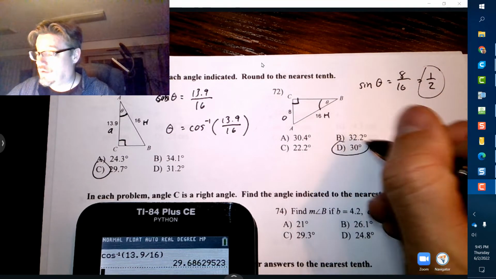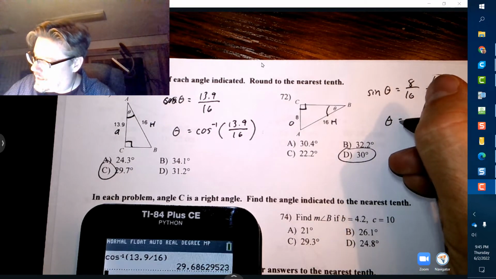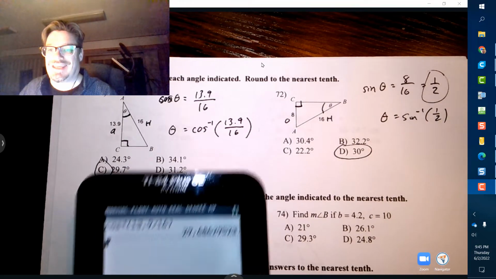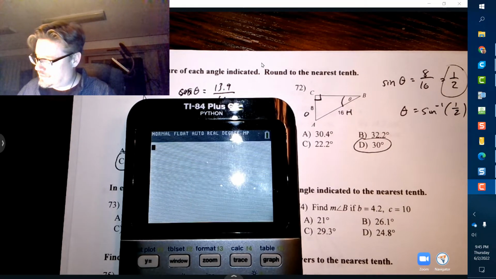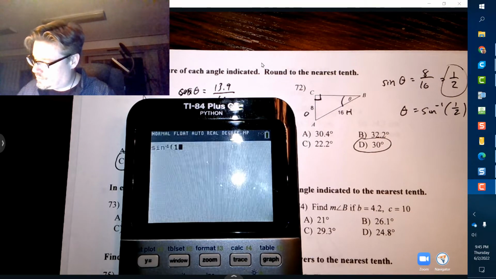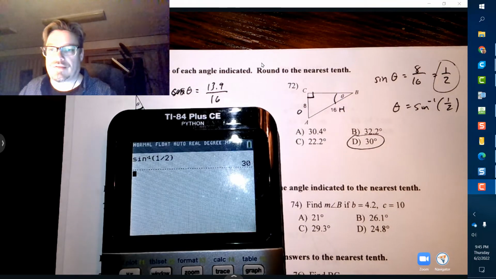That's actually 30 degrees. But let's say that you forgot. Let's go ahead and just do what we would normally do. You can see that that's going to take us right to the unit circle, and that's 1 divided by 2. All right, 30 degrees.